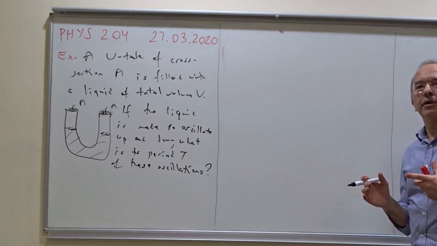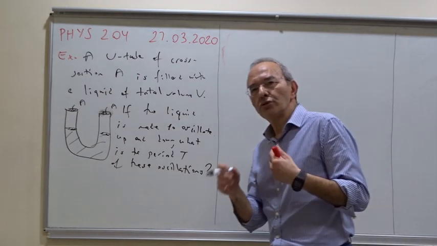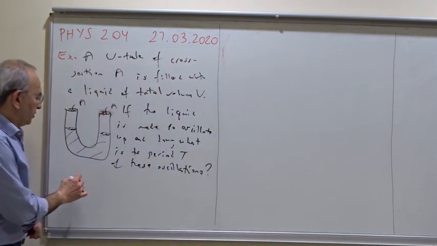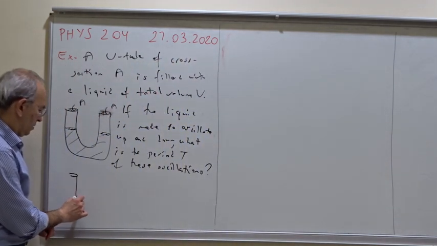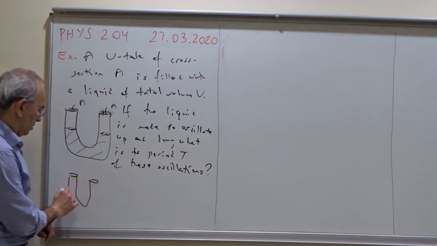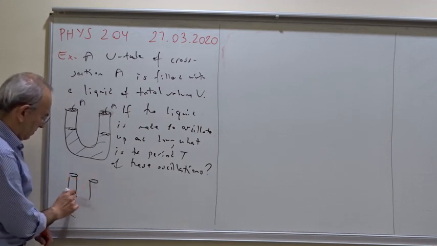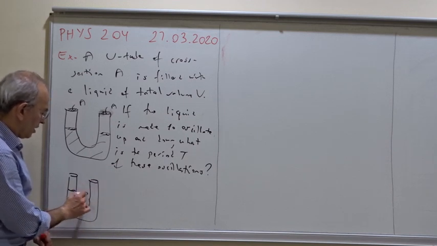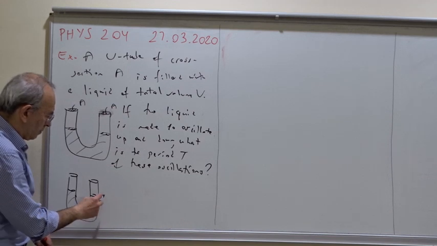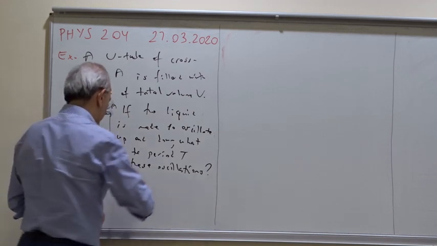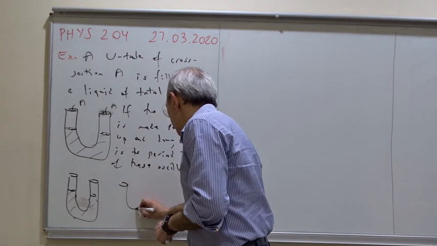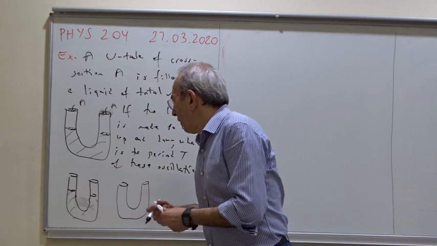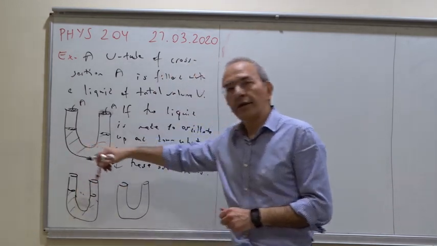Now, what happens when this liquid is made to oscillate up and down? Let me draw a simple picture here. So, for instance, this is the initial case. Of course, these are at the same level.